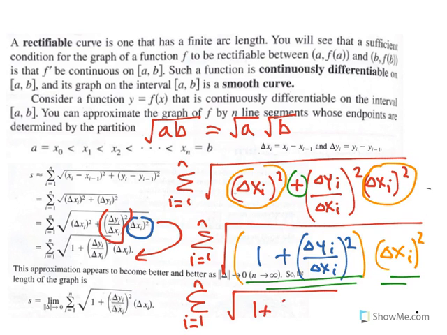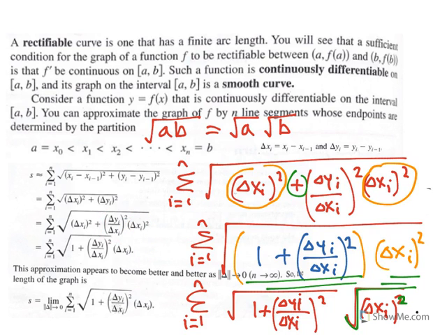So you're going to have this, and of course, here you have the square root of a quantity that is squared, so that's how you simplify this to just delta x sub I, and you have the other factor, which is what we have here.